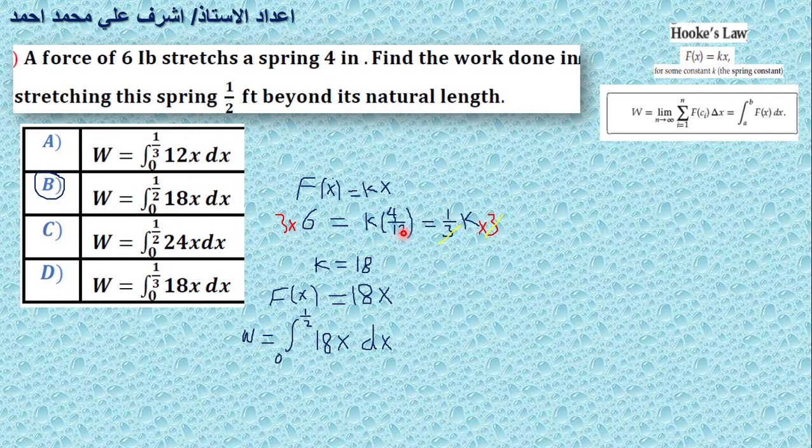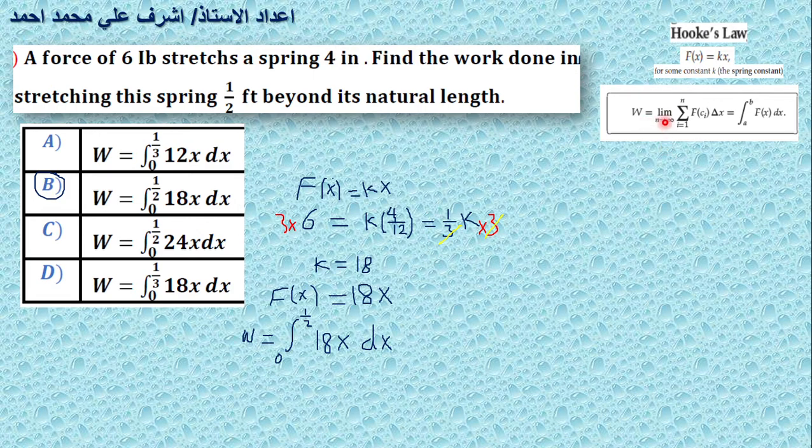Okay, guys? 4 over 12 equals 1 over 3. So 1 over 3 k equals 6. To solve for k, we multiply both sides by 3. 3 times 6 is 18, 3 times 1 over 3 is 1, 1 times k. So k equals 18. So f of x equals 18x.